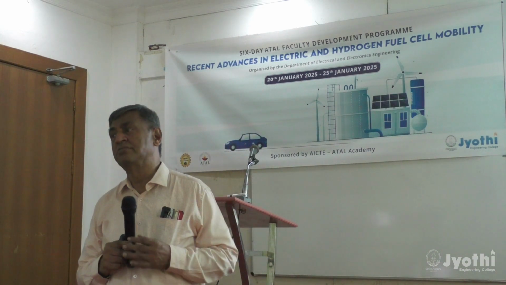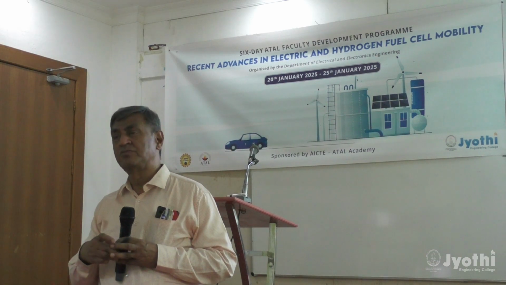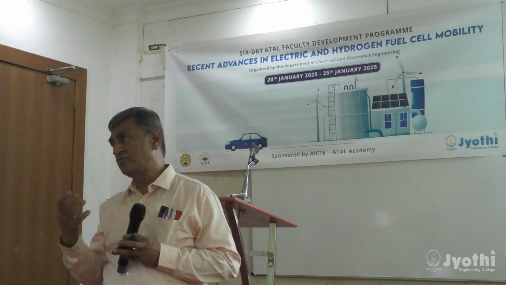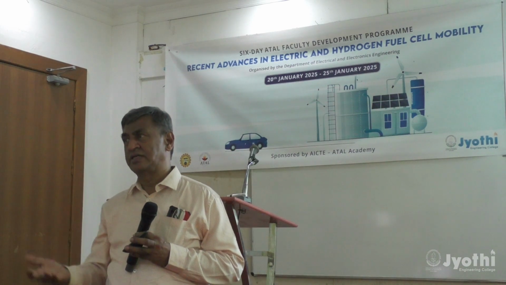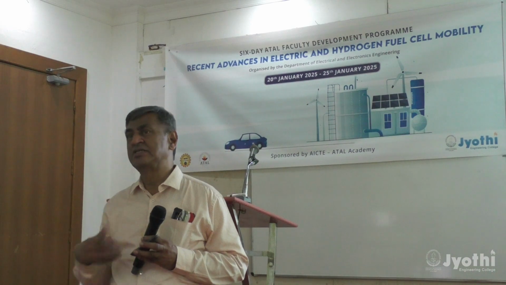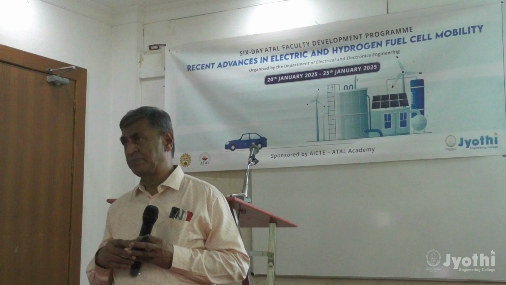Basically, titanium dioxide is a good material for that. It can absorb the energy of the photon, convert that into electrical form, and then initiate these oxidation reduction reactions to really split water.